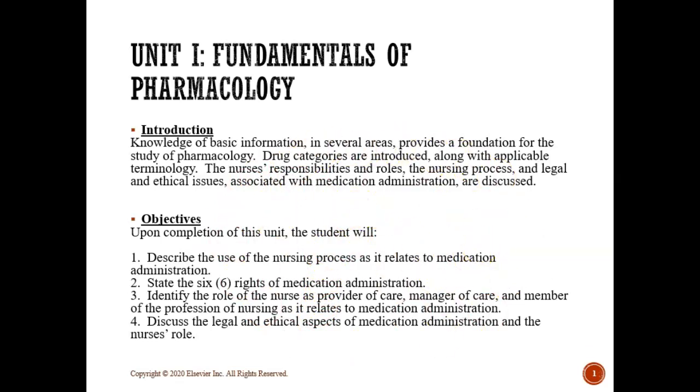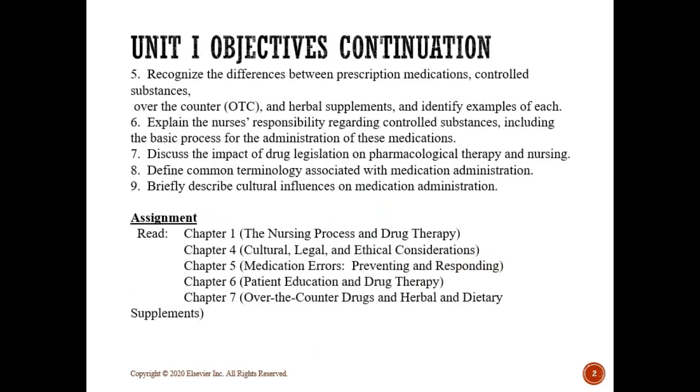This is a continuation of your objectives, and these are going to be your reading assignments. At the bottom of that page, the assignment says read chapter 1, chapter 4, 5, 6, and 7. This is just supplemental, as your resource. You don't have to read everything page by page.